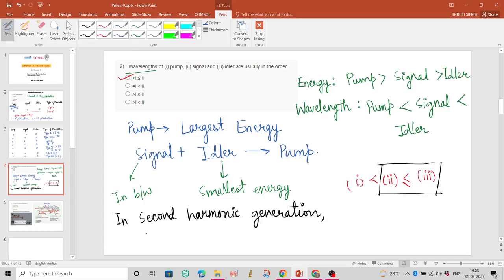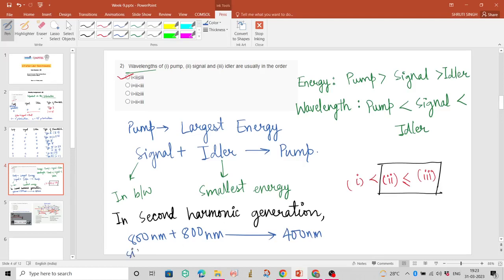Suppose we feed an 800 nanometer pulse, and we get the second harmonic as 400 nanometer, right? So here the signal and the idler have the same wavelength. One photon will be taken as the signal photon and one will be taken as the idler. So for second harmonic generation, the signal and the idler can be of the same wavelength.